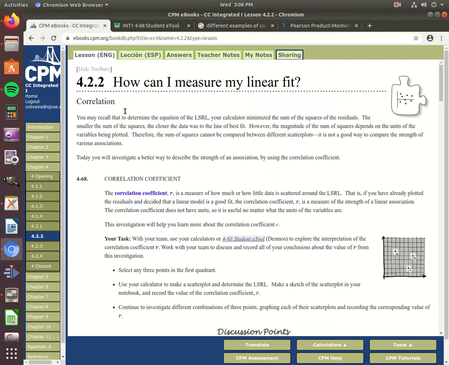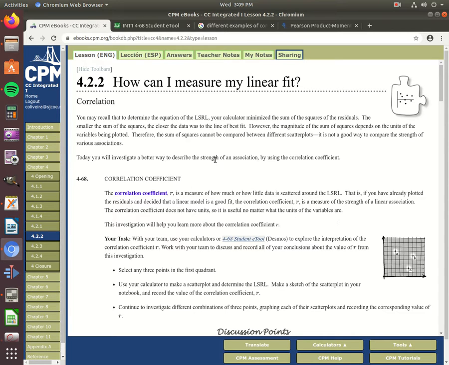So when we look at correlation, we're going to compare things. It's a measure of how much or how little data is scattered around the LSRL. That is, if you have already plotted the residuals and decided that a linear model is a good fit, the correlation coefficient R is a measure of the strength of the linear association. It does not have units, so it is useful no matter what the units of the variables are.